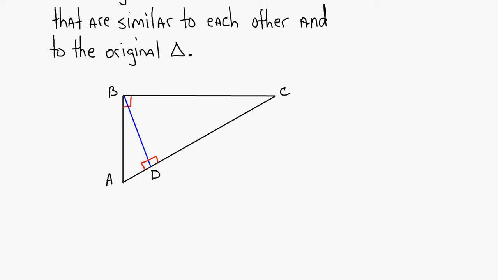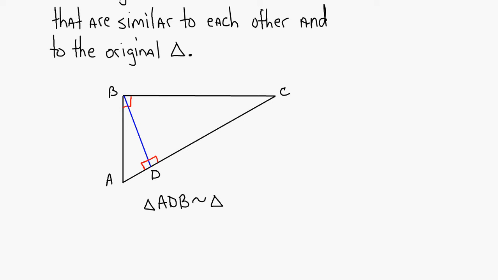All right, so we'll call this small triangle ADB. And I'm calling it triangle ADB because I'm going short side, long side, hypotenuse. And that triangle is similar to triangle short side, long side, hypotenuse.